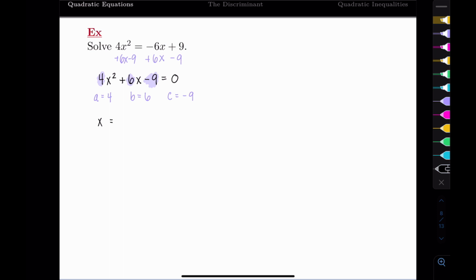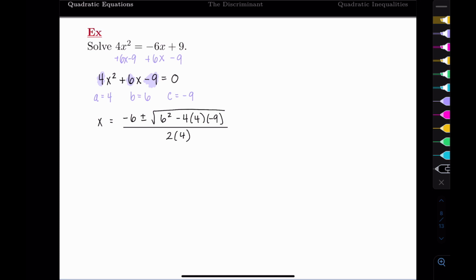The values of x that solve this are negative b plus or minus the square root of b squared minus 4ac all over 2a. This just leaves us with numbers, but it allows us to find complex or potentially imaginary solutions too.